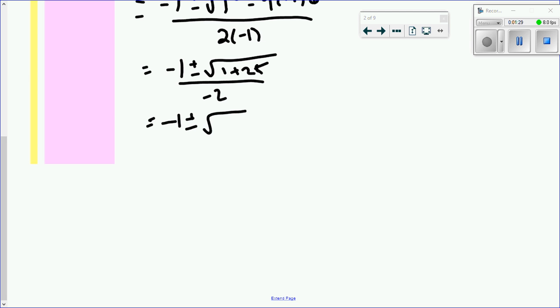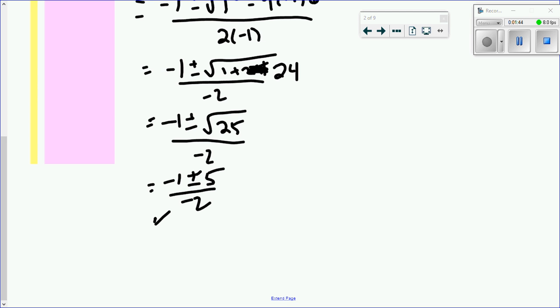Oops, that should be 24, and this should be 25. So that's 4 over 2, which equals 2.